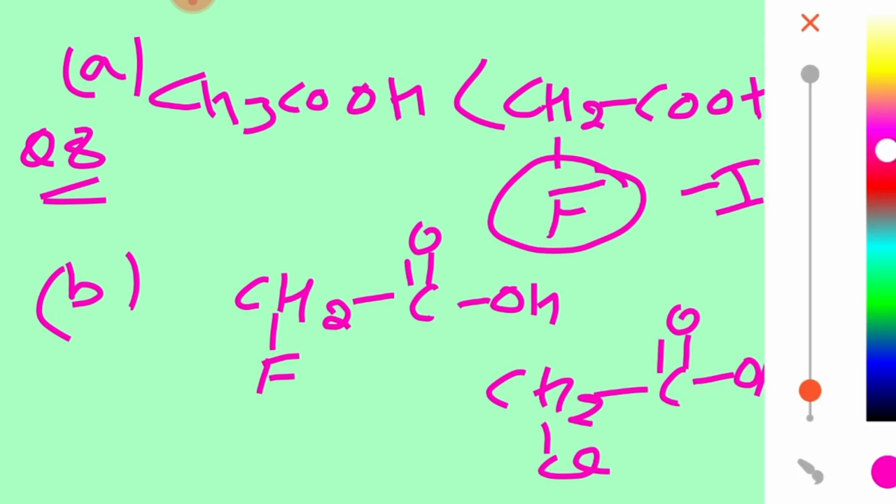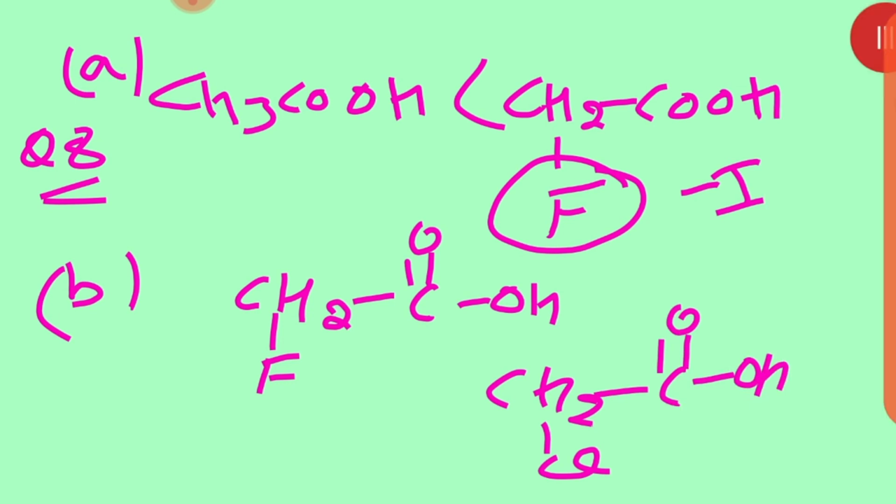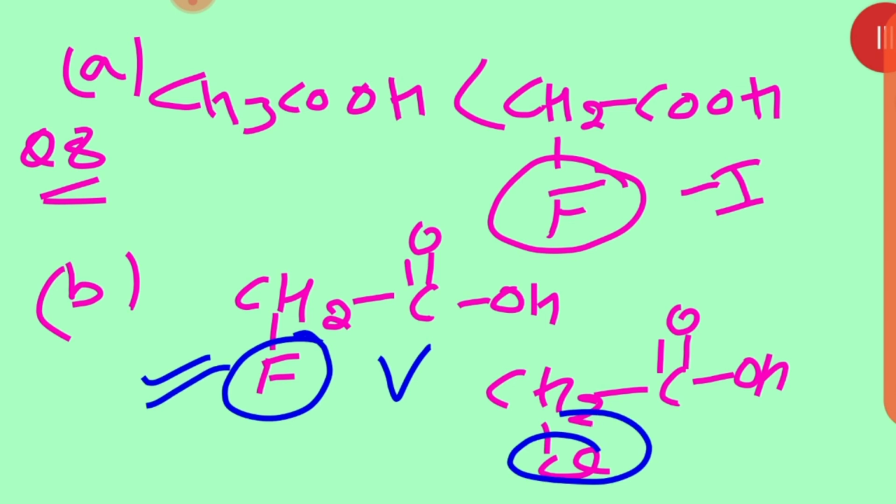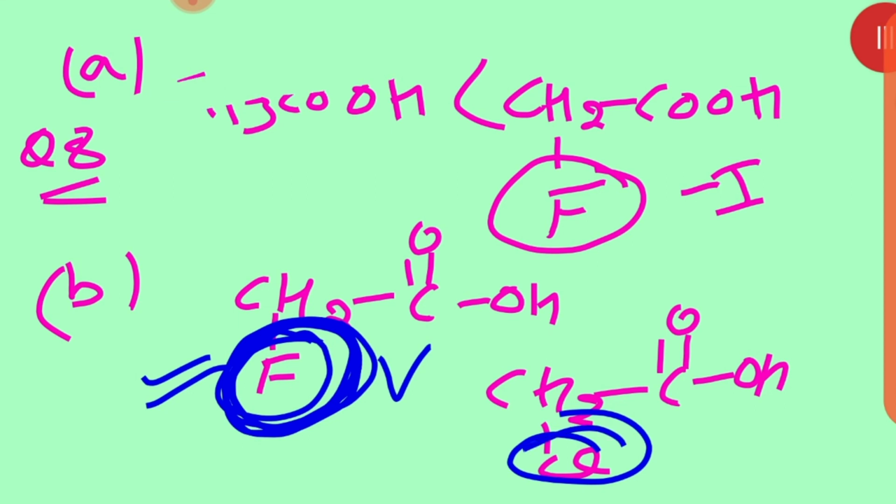Now please tell me one thing, which one will be stronger? Yes, fluorine. Why? Because from fluorine and chlorine, fluorine is more electronegative. So fluorine has a stronger electron withdrawing effect as compared to chlorine.